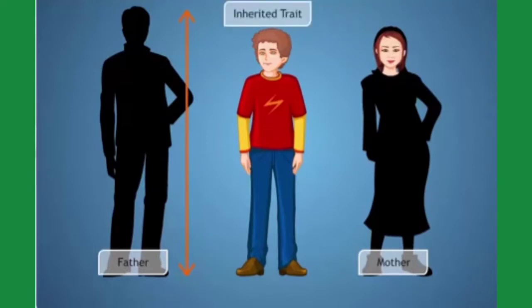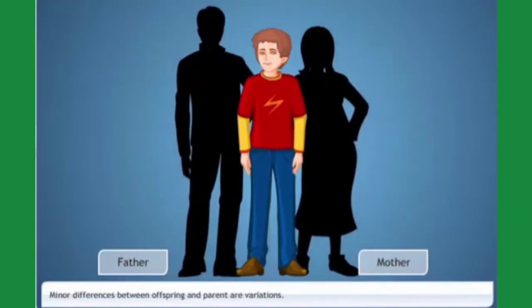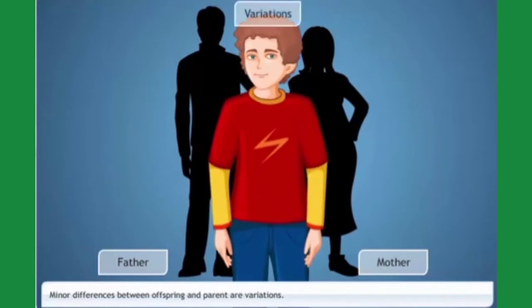This process of passing traits from parent to offspring is called heredity. Offspring is never an exact copy of parents. As you have seen, in this case, there may be some differences. Curly hair and blue eyes of the boy are the differences that are called variations.